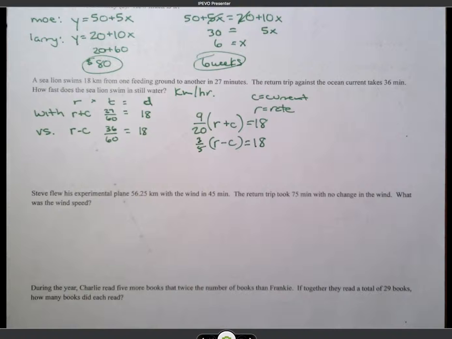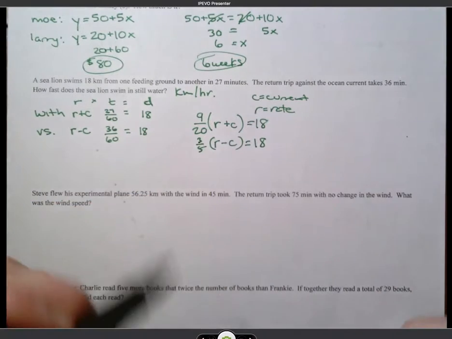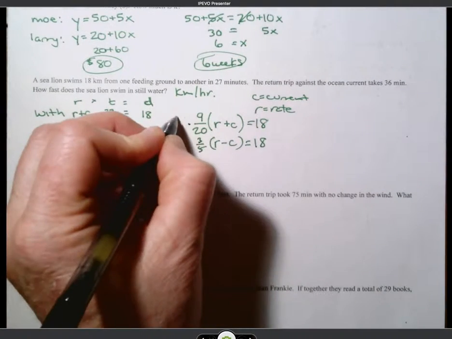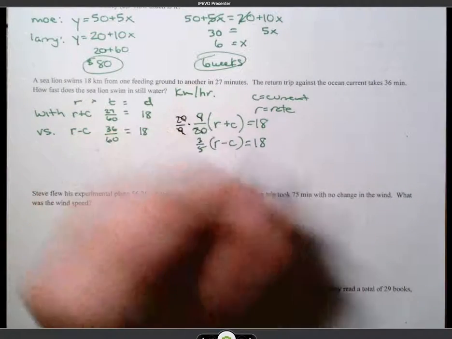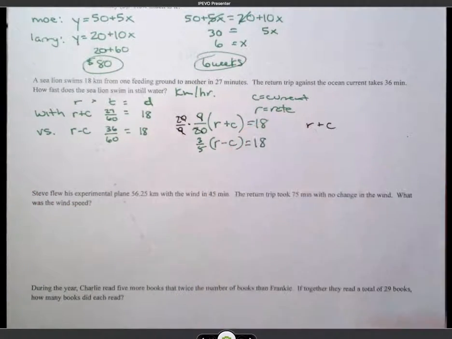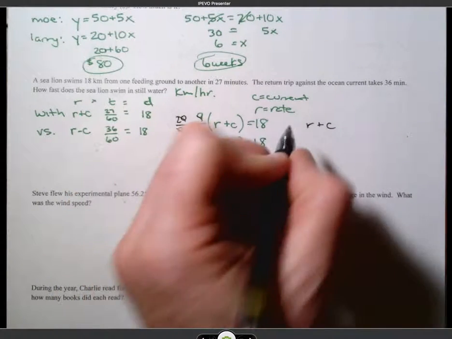So I have 2 really ugly equations with fractions, but I can clear these fractions. If I multiply this by 20 over 9, this just becomes R plus C. And if I multiply this side by 20 over 9, I have to do the same thing over here.